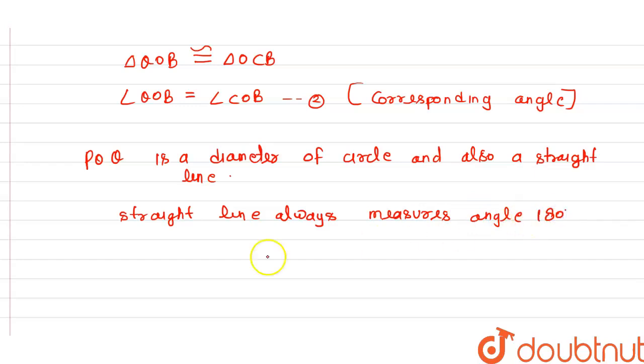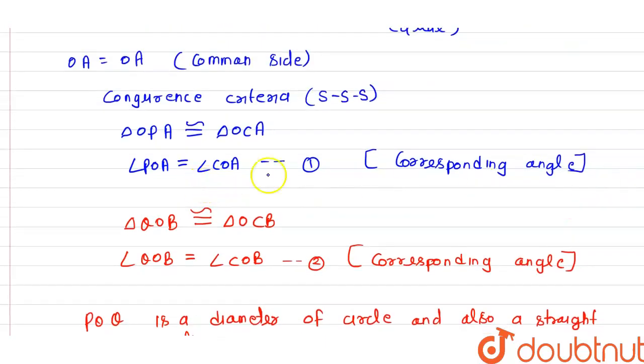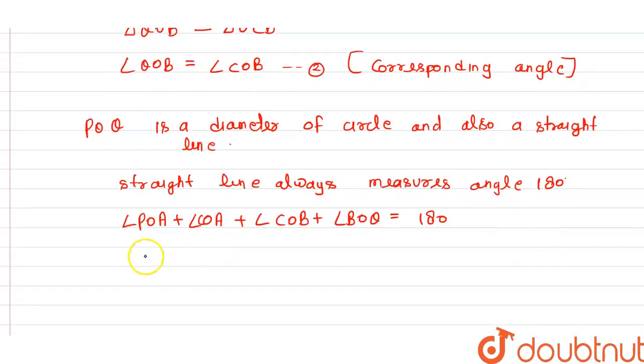So we can write angle POA plus angle COA plus angle COB plus angle BOQ is equal to 180 degrees. We have already discussed that angle POA is equal to angle COA, so we put angle COA in place of angle POA, and in place of angle BOQ we place angle COB.